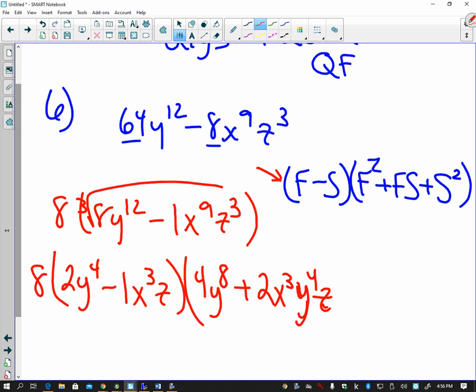2x cubed, y to the 4th, z, plus 1 times 1 is still 1, so you could put a 1 there. That's going to be, oh gosh, I'm not going to be able to think. X to the 6th, z squared.